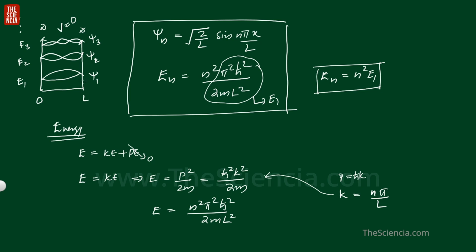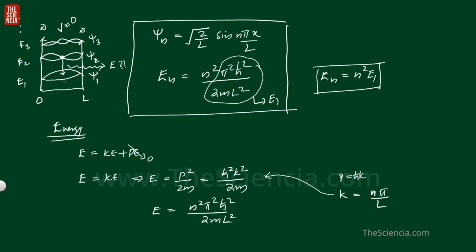Now I have a question for you. If the particle is jumping from this state to this state, some energy will be lost by the particle and it will be radiated as a photon, or light. So I want to find out what this emitted energy is when the particle jumps from a higher state to the next lower energy state.